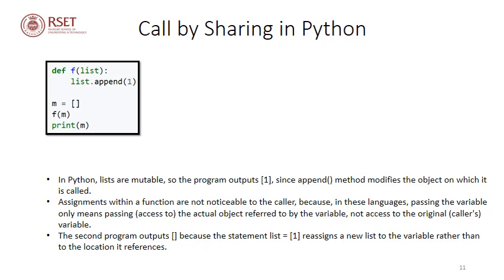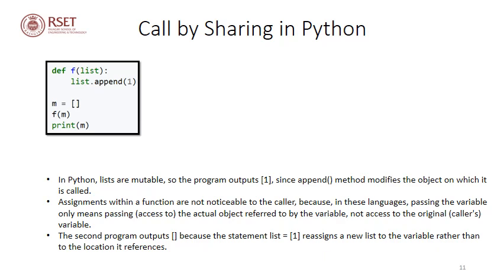So if the object is mutable, we can make changes to the object within the callee using methods, and that will be reflected back in the caller. However, if the object is not mutable, then the changes will not be reflected back, and also any sort of reassignments will not be reflected back in the caller.